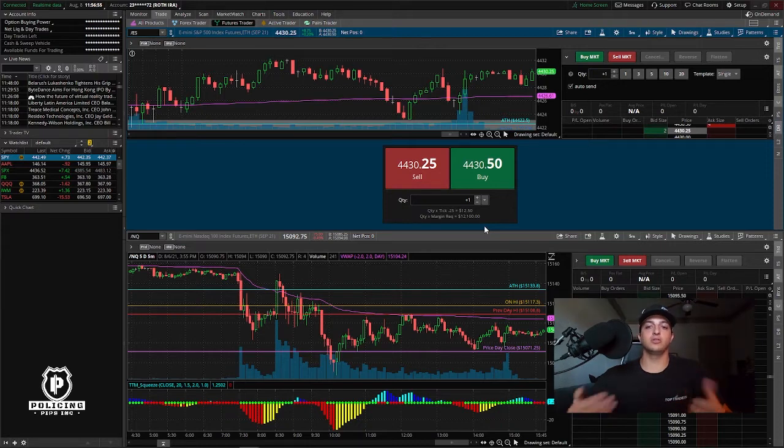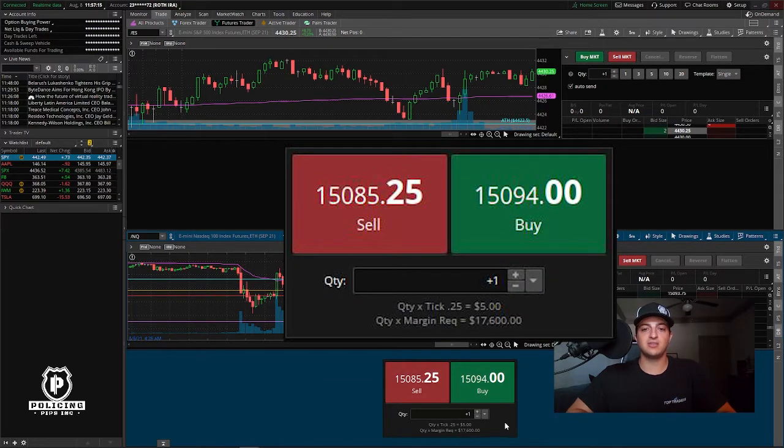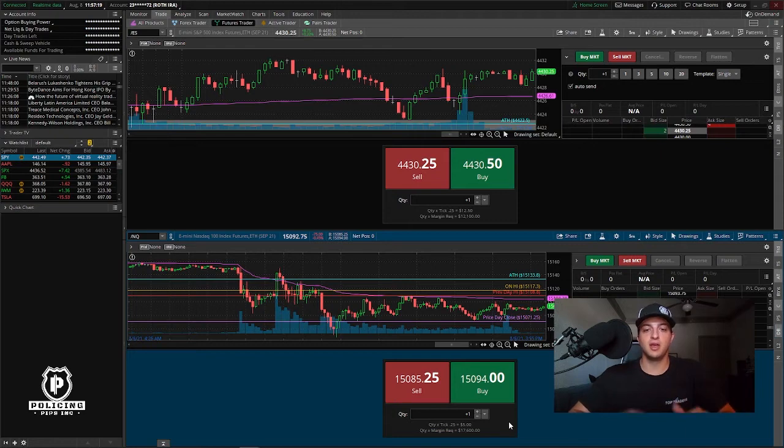You don't necessarily lose that money, but it gets tied up in margin, and you can't trade other contracts unless you have more money in that account, right? So 12,100 for this, and for the NASDAQ it is 17,500. So you can see the margin varies between products, and that's per contract.